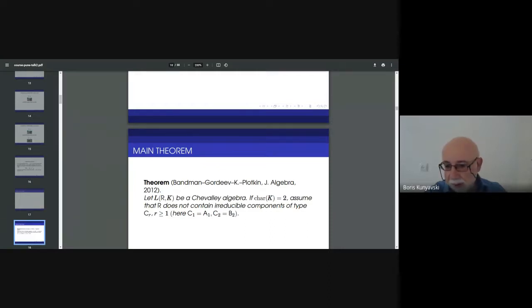By the way, I can say that historically, these objects appeared before linear algebraic groups in a sense, because Killing and Cartan worked with Lie algebras rather than with algebraic groups.